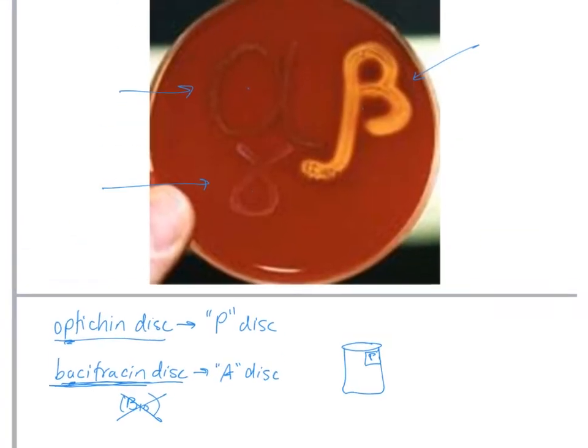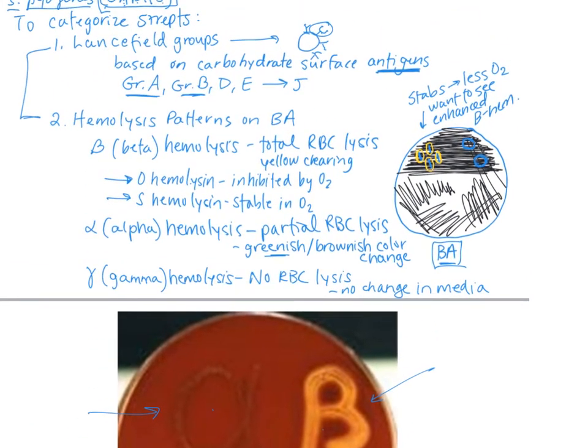Okay, so we don't give you too much room here. You don't want to put these 2 discs right on top of each other. Remember, if you didn't know what organism you were streaking out, you would just go ahead and put both those discs on there. You never want to have a plate that's already grown up and then put the discs on. That's not going to do any good. So you've got to put them on when you first inoculate the plate.